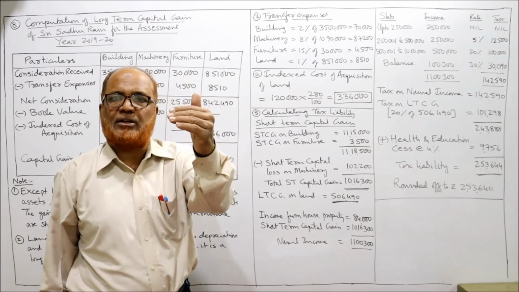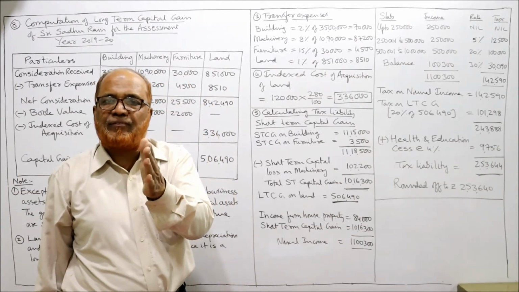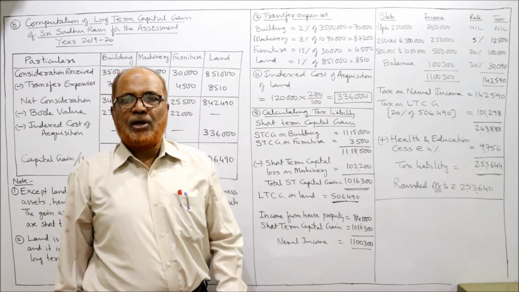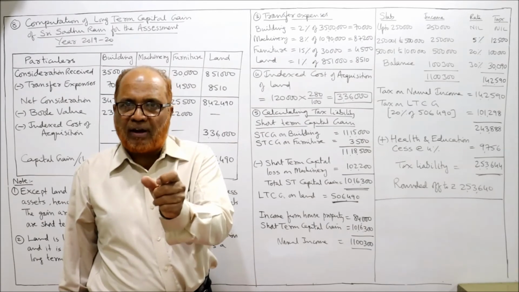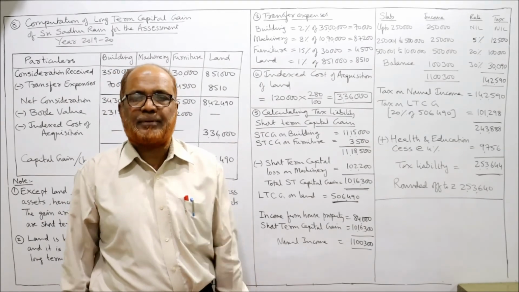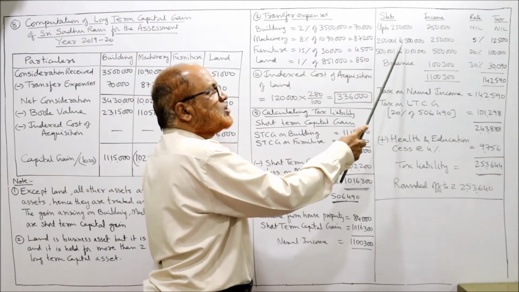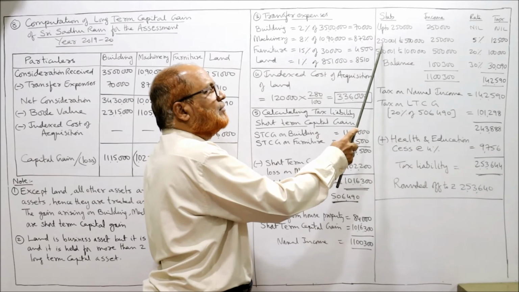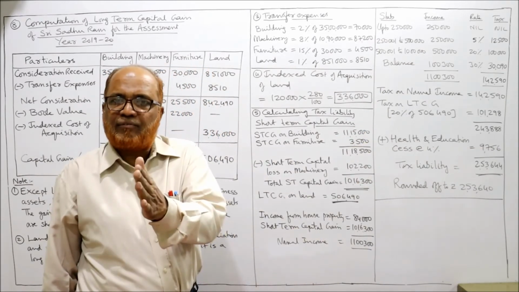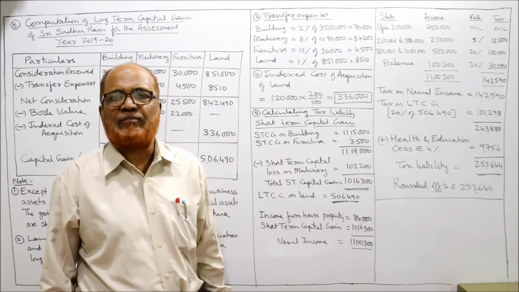Next slab will begin from 2,50,001 to 5 lakh. This is the second slab. 5 lakh minus 2,50,000 comes to 2,50,000. So the income comes to 2,50,000.